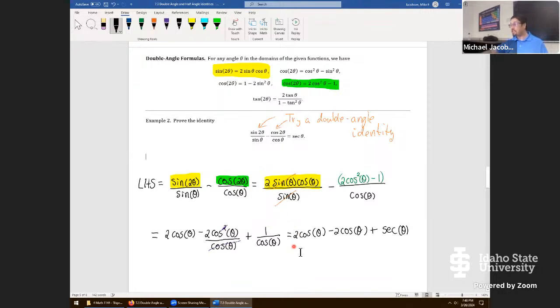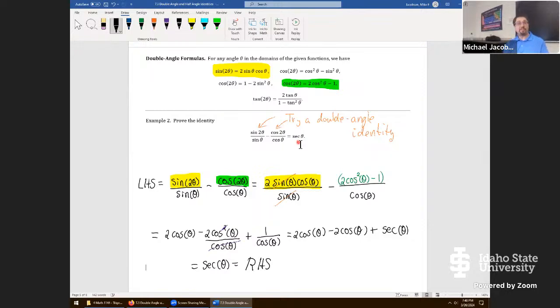And that means we're essentially done. These are like terms. If you have 2 cosine theta, take away 2, you've got no cosine thetas. All that's left is secant of theta. And that was the target we were trying to hit all along, the right-hand side.